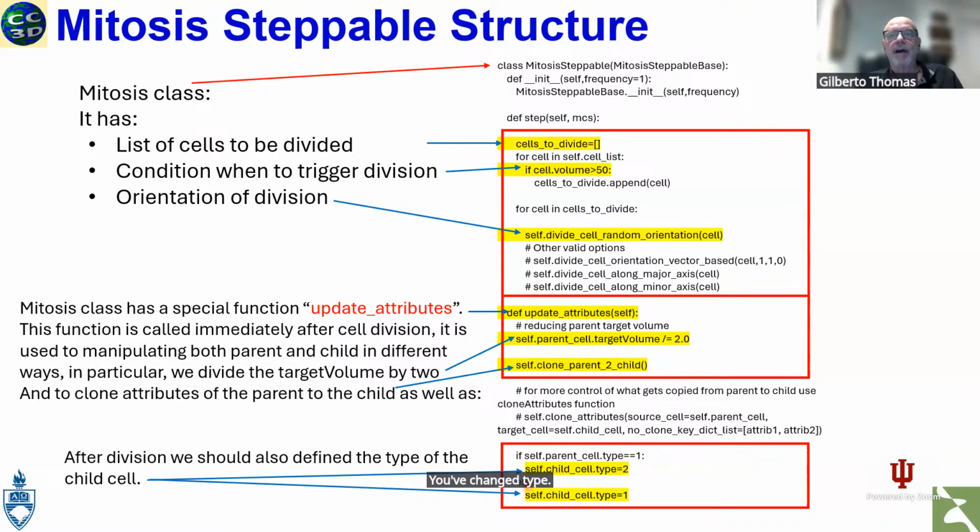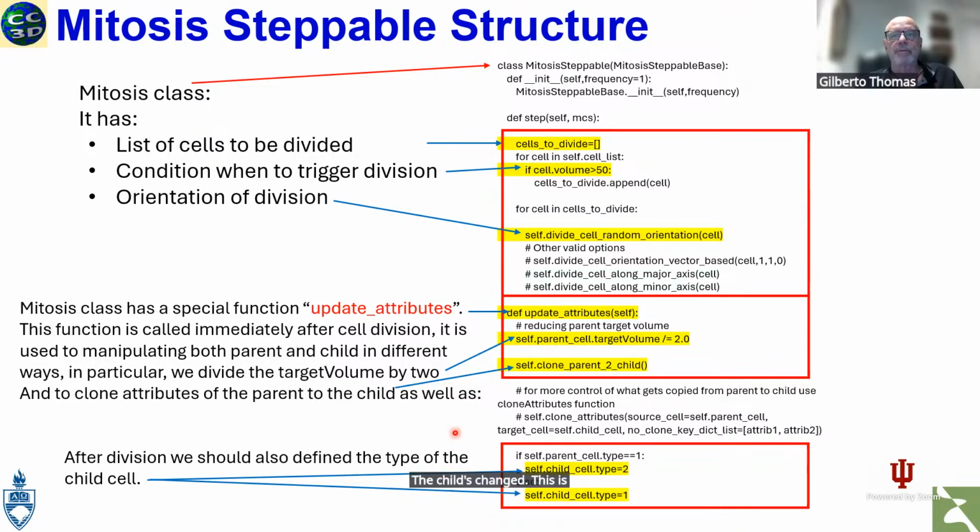Else, if self.parent cell type equals 2, the child will be 1. I mean, the child cell swaps types with the parent. They will never be the same. But the parent will always be the same type. The parent doesn't change. The child changes.